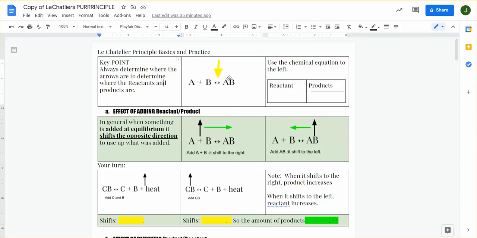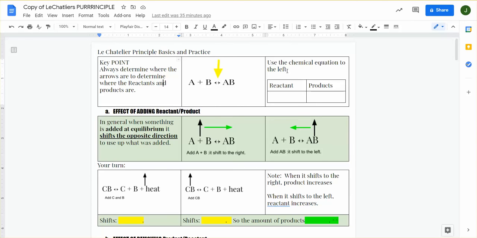Again, this might be a quick review, but hopefully you remember that things on the left side of our arrow are what we consider to be the reactants, aka our starting materials, and everything on the right side is what we consider to be the products, or our end results.